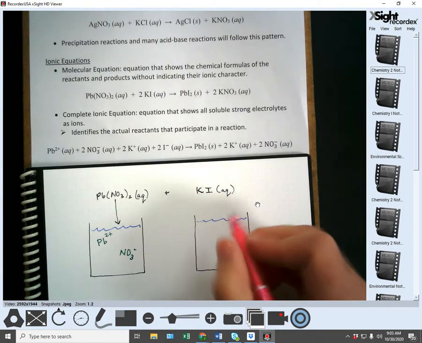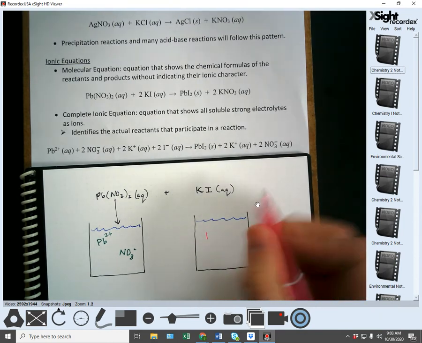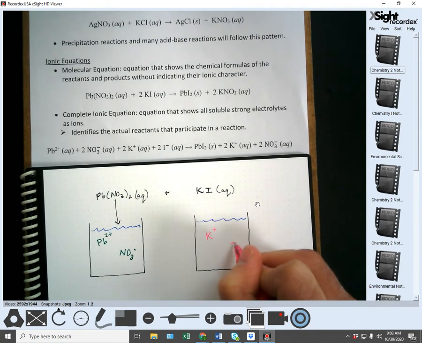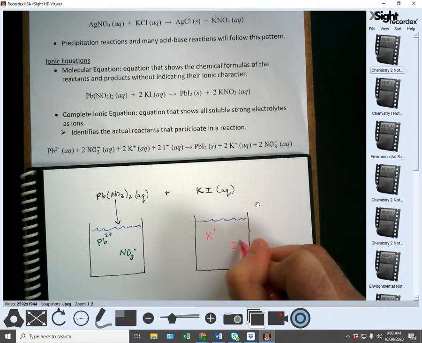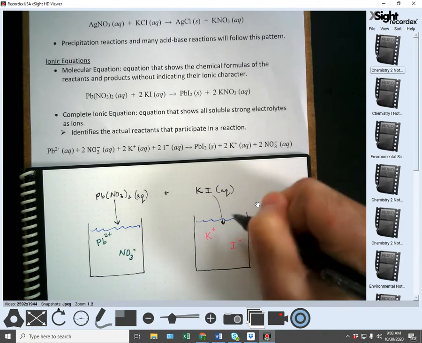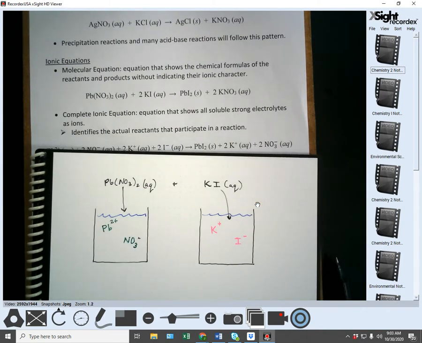Hopefully this shows up. I haven't tried some of these before. It is also going to ionize because it's aqueous when it's put into the solution. So you've got two separate solutions, right?